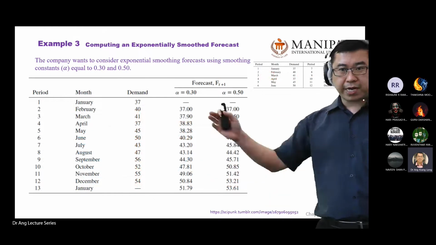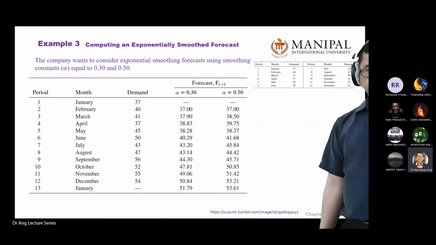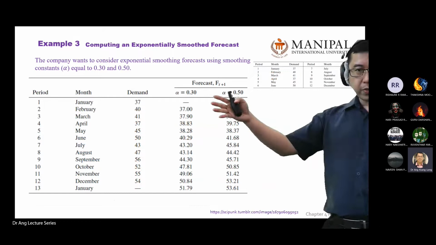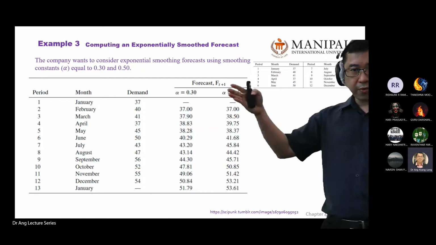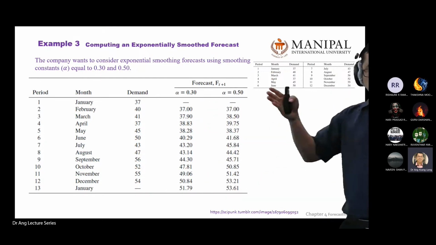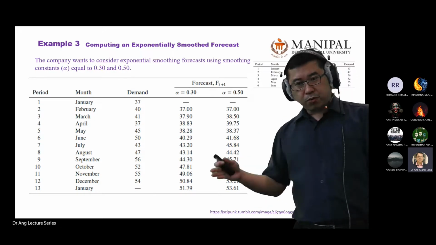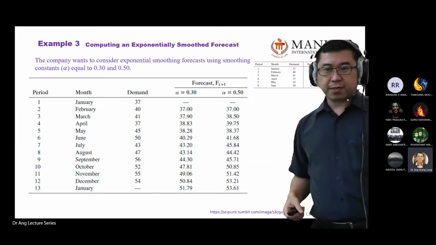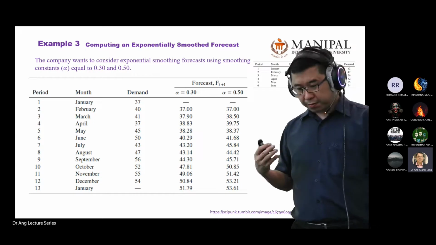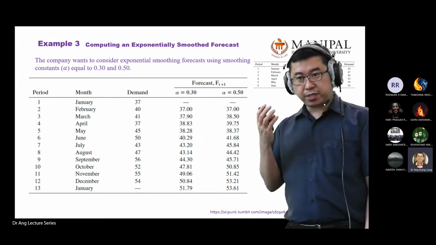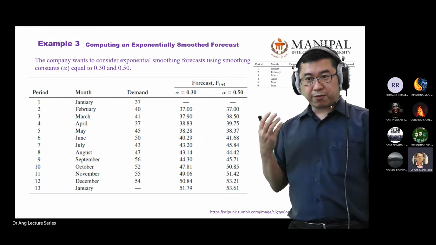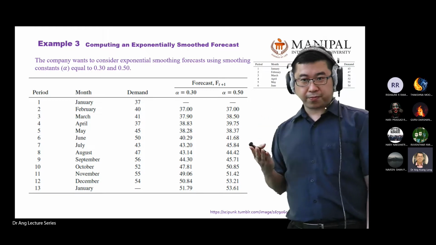Okay, so you get this data. You can see the data over here for alpha 0.3 and alpha 0.5. By looking at the data, sometimes it's very challenging for us to imagine the trend. So one of the tools that we use is to plot a graph.